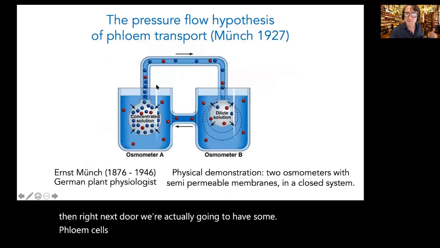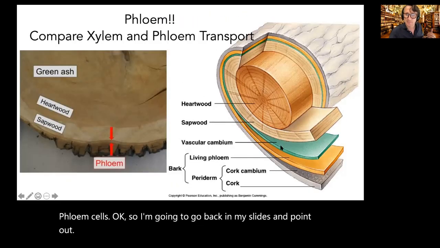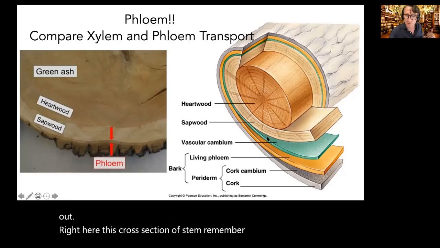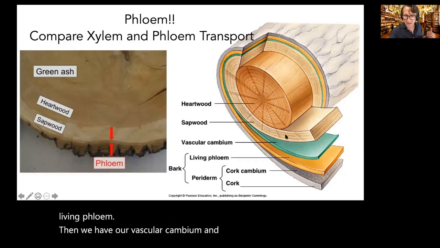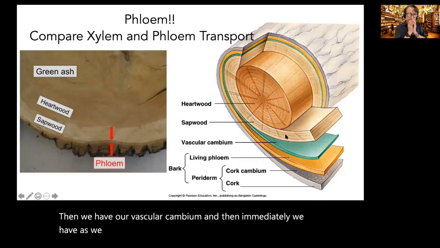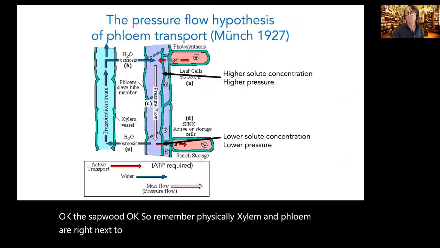So I'm going to go back in my slides and point out right here, this cross-section of a stem. Remember, we have our living phloem, then we have our vascular cambium, and then immediately, as we go right next door, we have the xylem, okay, the sapwood, okay? So remember, physically, xylem and phloem are right next to each other, and that's going to be really important, okay?